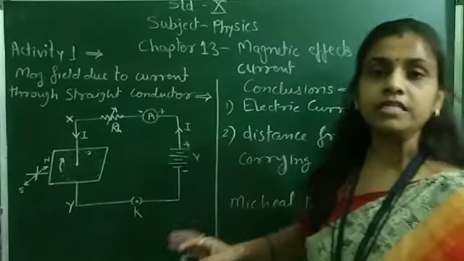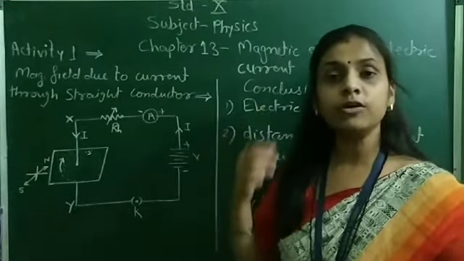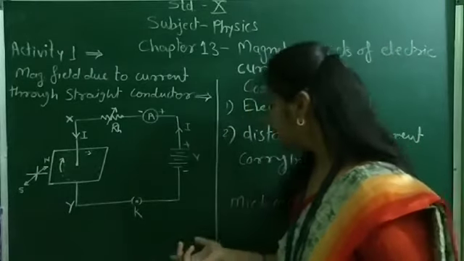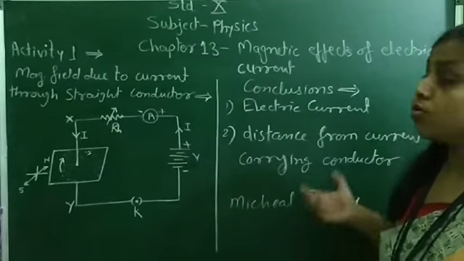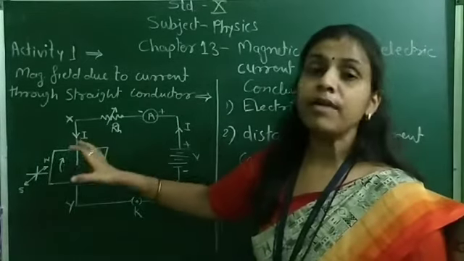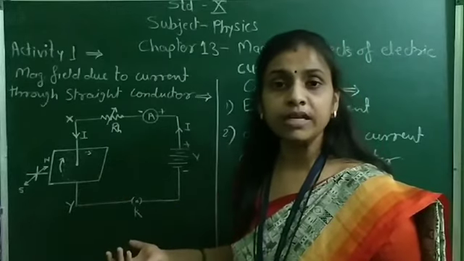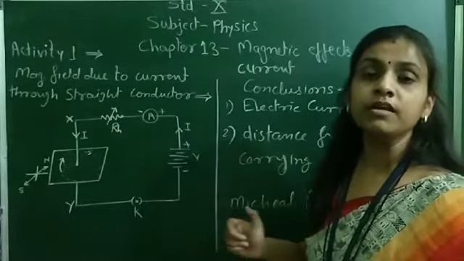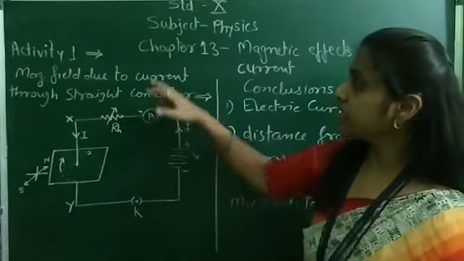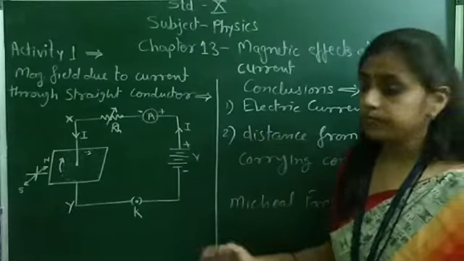Just like H.C. Oersted played an important role in the study of electromagnetism, similarly Michael Faraday was the first scientist who introduced the magnetic field lines. So who first introduced the magnetic field lines? Michael Faraday proposed the magnetic field lines. So I hope you understand magnetic field due to current through a straight conductor.